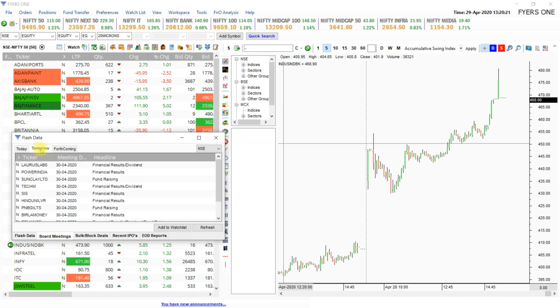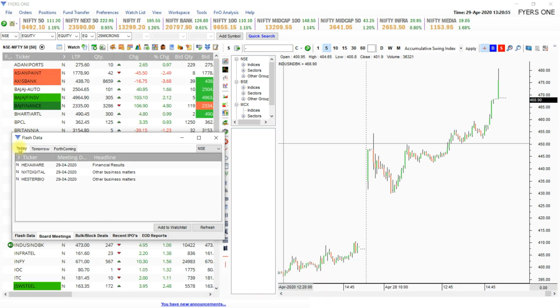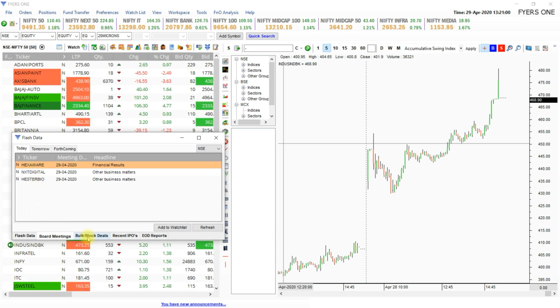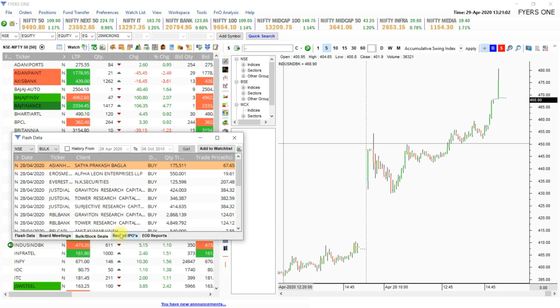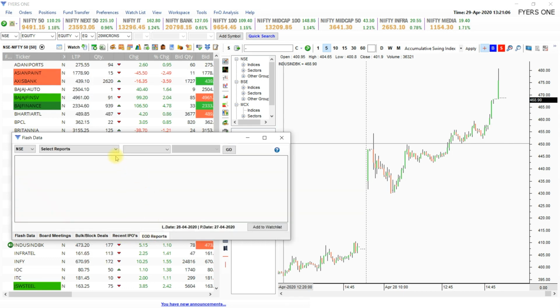For that, you can click here and get all information on what could happen tomorrow, that is, events, etc. See here, when there is important news about Reliance or Justdial, it will flash here. Here, you can see the scripts where bulk and block deals are happening. Recent IPOs can be seen here, and this is the end of the day's report.